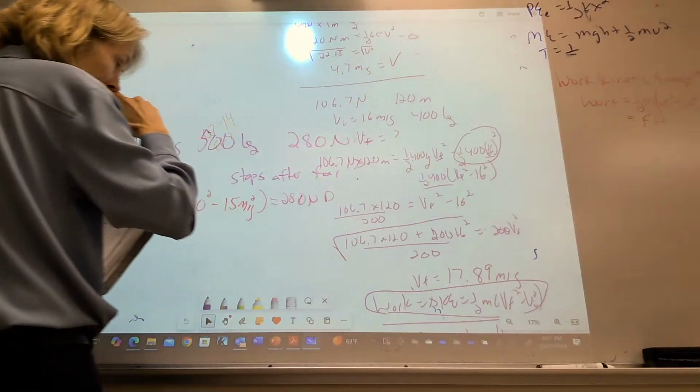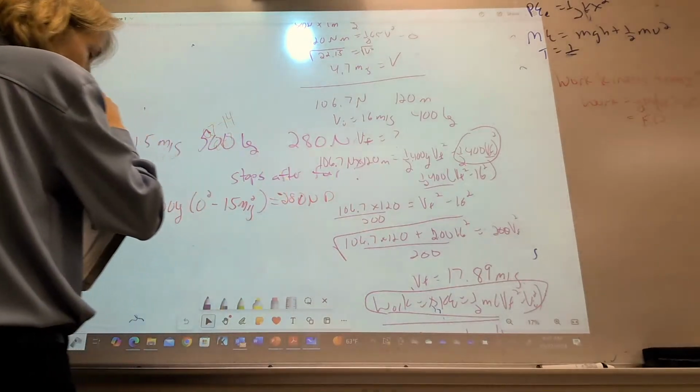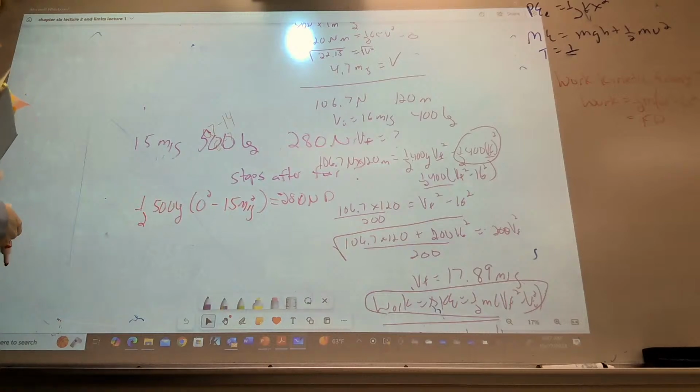Now this is going to be negative. A brake force is negative, but you get a negative here also, so the two negatives cancel out. You solve for your stopping distance.